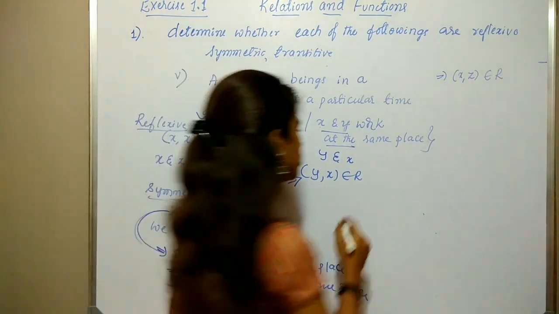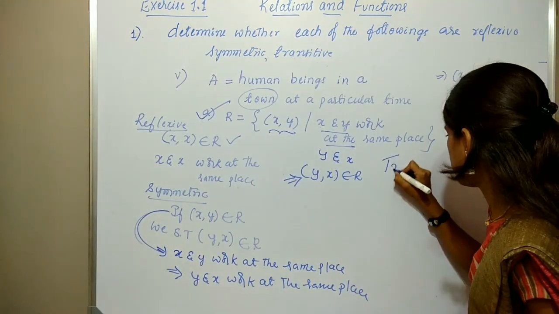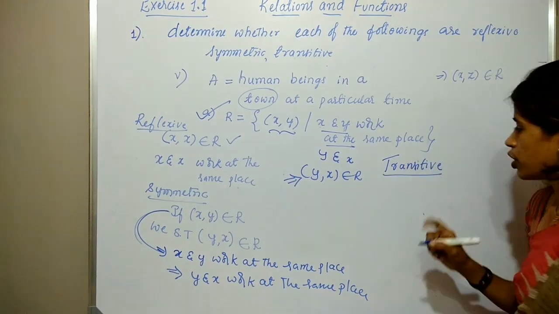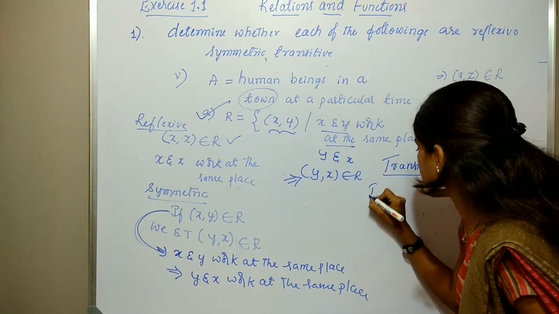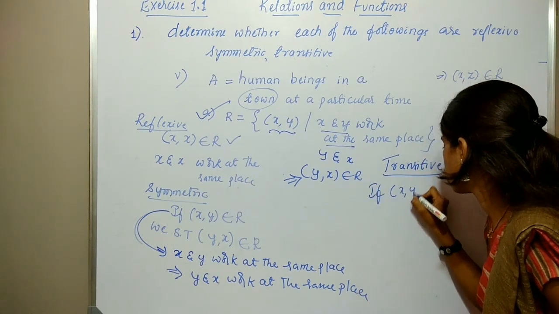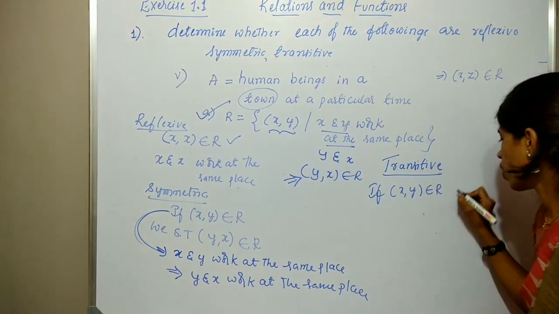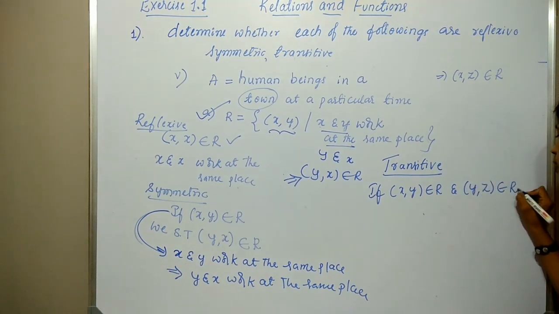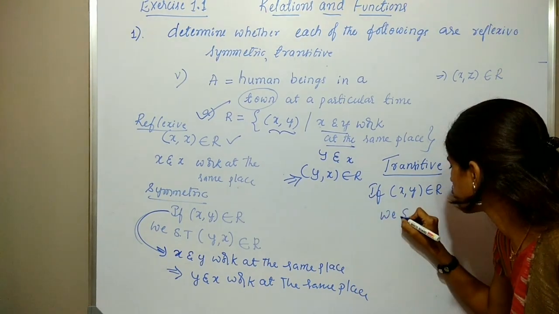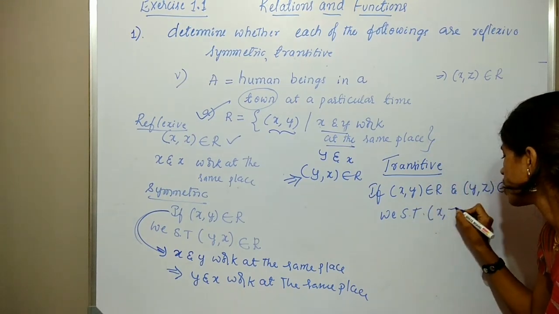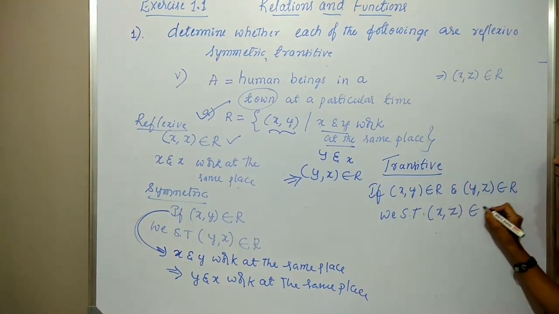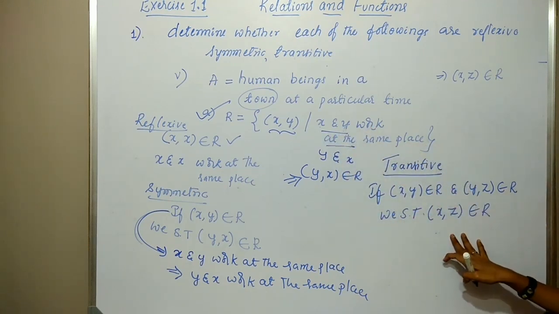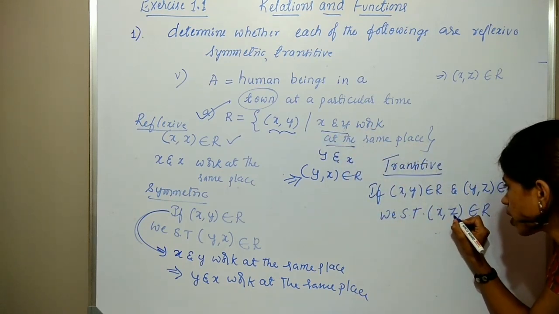Next, transitive. For transitive relation, we choose two ordered pairs, namely if x comma y belongs to R and y comma z belongs to R, then we show that the ordered pair x comma z belongs to R. It means x and z work at the same place.